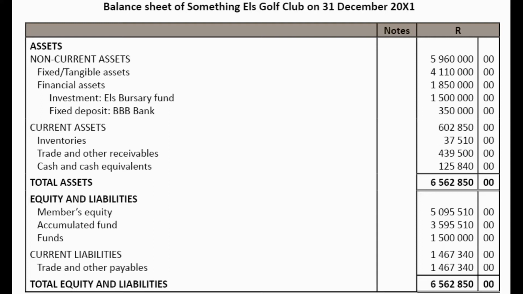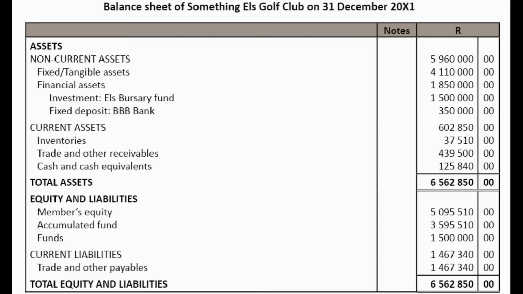Okay, and if you add that to the fixed assets, the tangible assets, which is 4,110,000, you get that non-current assets of 5,960,000.